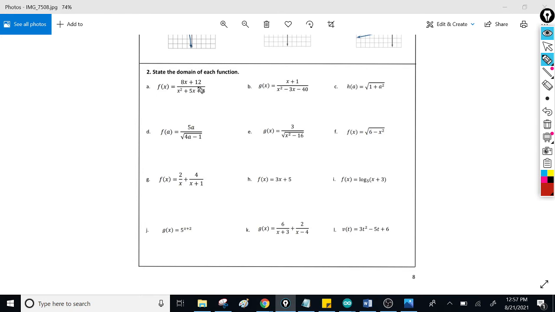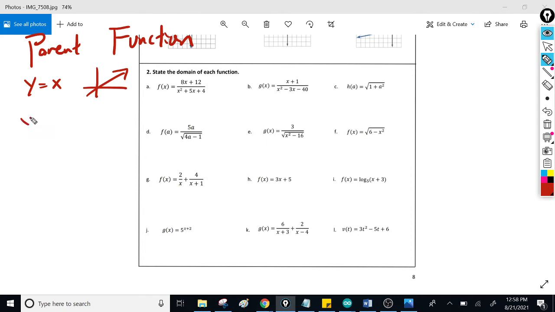All right, so I hope that you are familiar with all the parent functions. For example, linear is y equals x, and the graph looks something like this. And then quadratic, the graph looks something like that. And then cubic, the graph looks something like this.